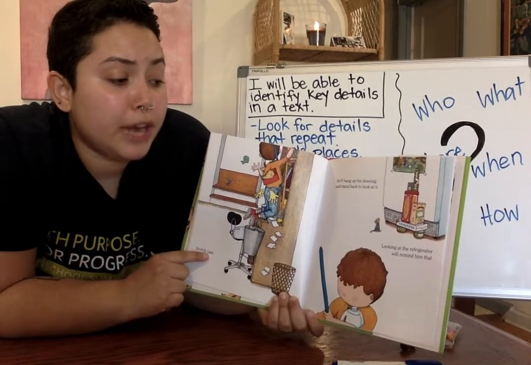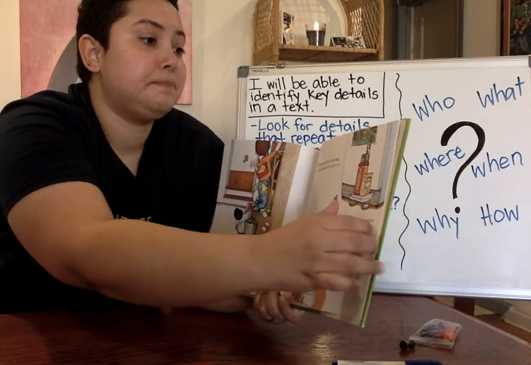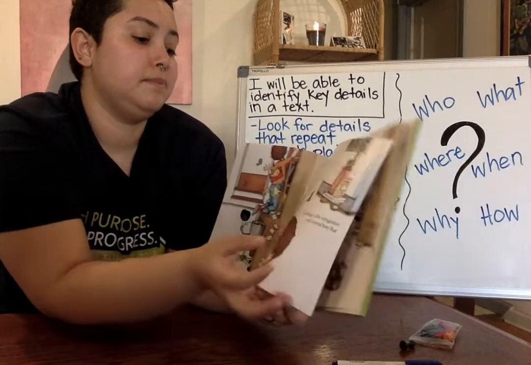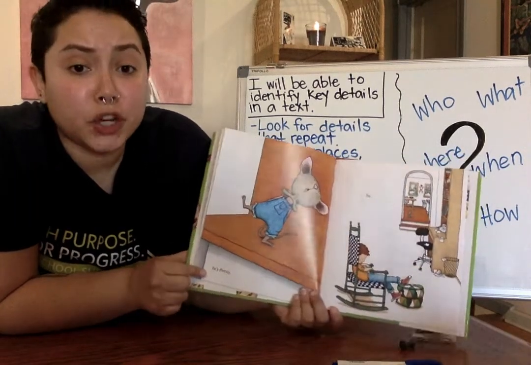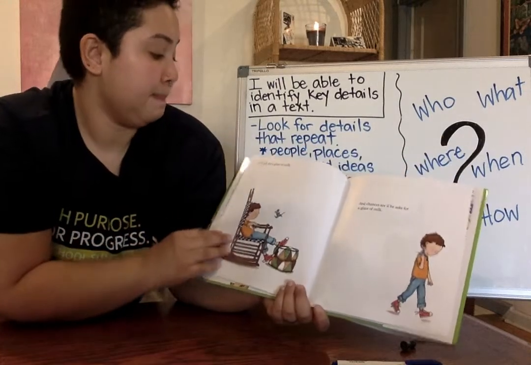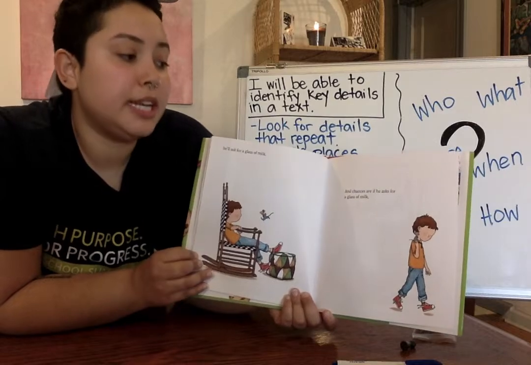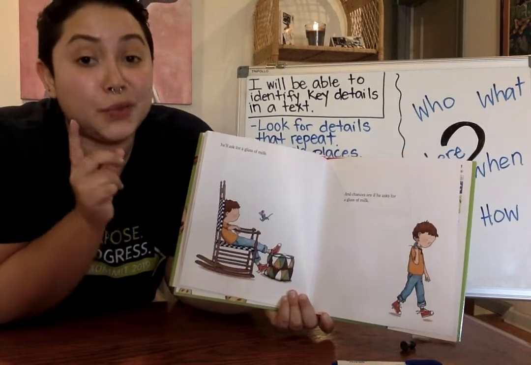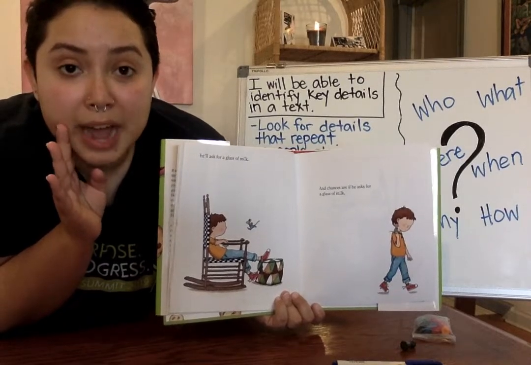Looking at the refrigerator will remind him that he's thirsty. So he'll ask for a glass of milk. And the chances are, if he asks for a glass of milk, what do you think he's going to ask for now?